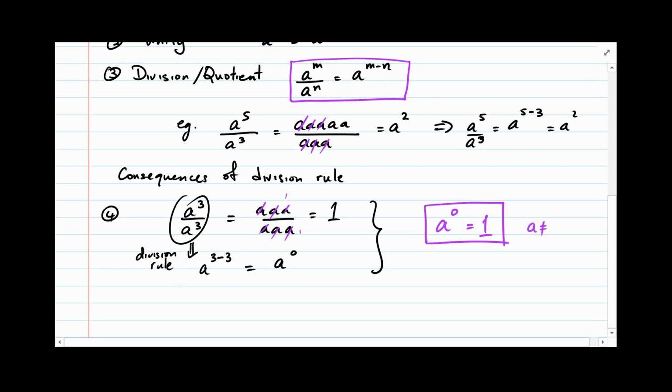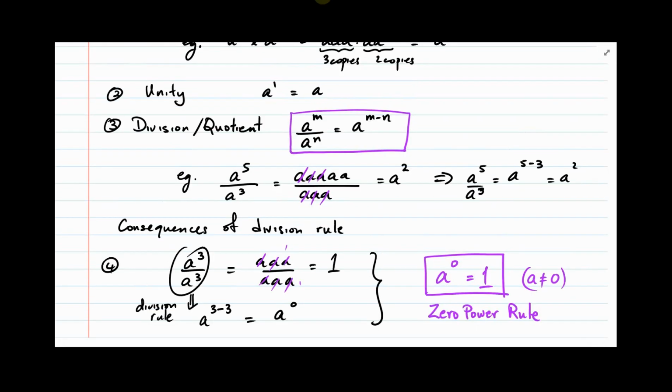Again, we are assuming that the base is not 0 itself. This is known as the 0 power rule. And please remember that the 0 power is quite different from the unity power. A to the first is one copy of a. A to the 0 is just the number 1.